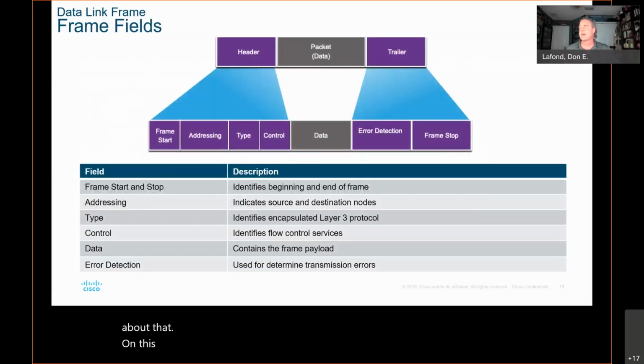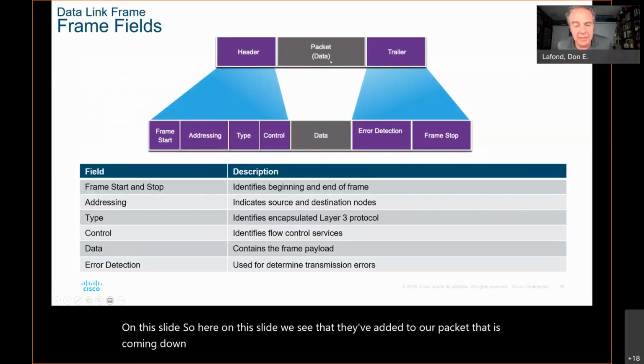So here on this slide, we see that to our packet that is coming down from the network layer, we add a header. Now in the header, we add the frame start and frame stop.